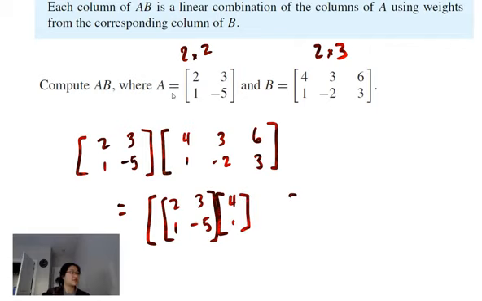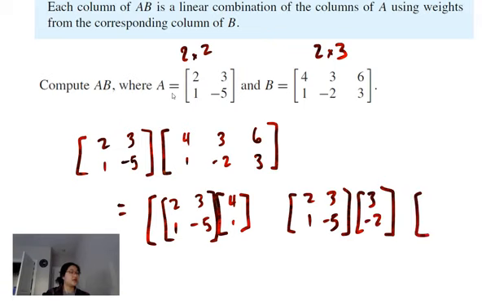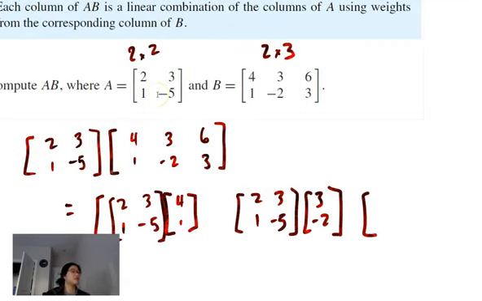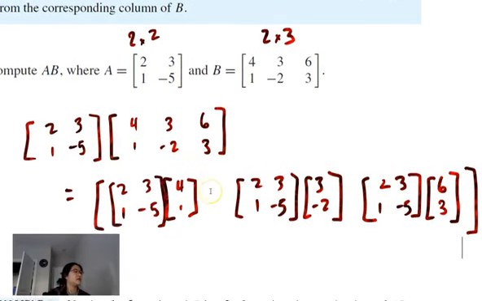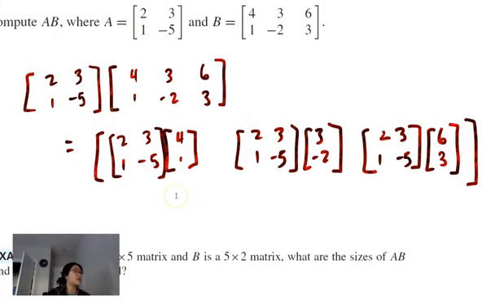And then we have [2, 3; 1, -5] times [3, -2]. And we have [2, 3; 1, -5] times [6, 3]. Wow, how tedious. Alright, let's do it anyway.